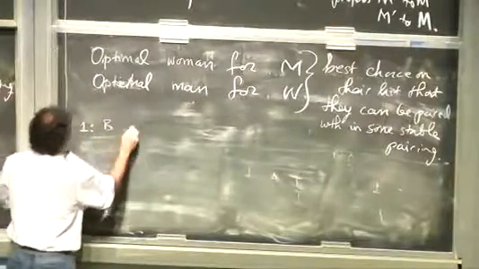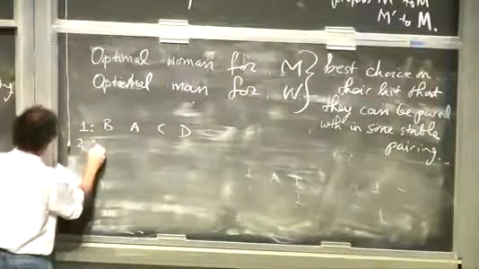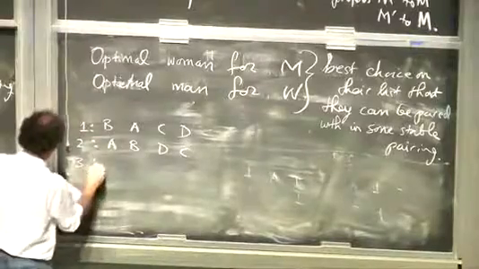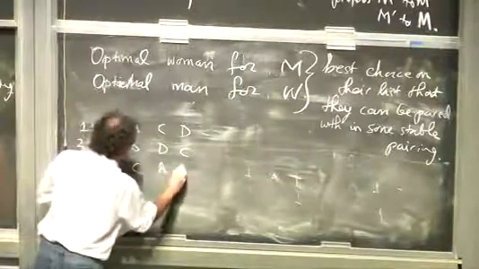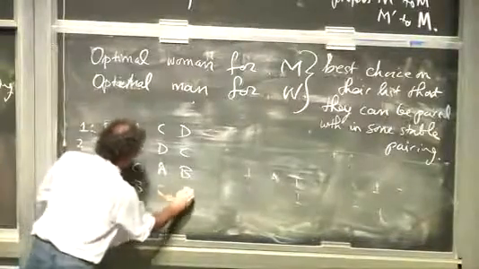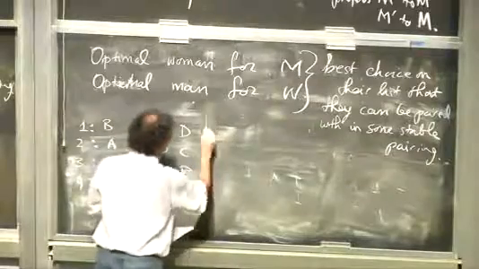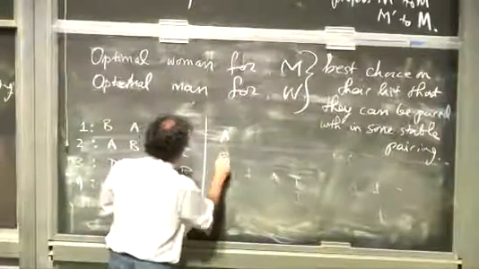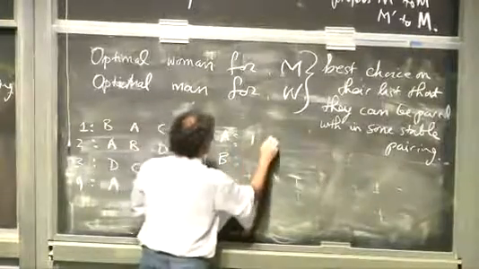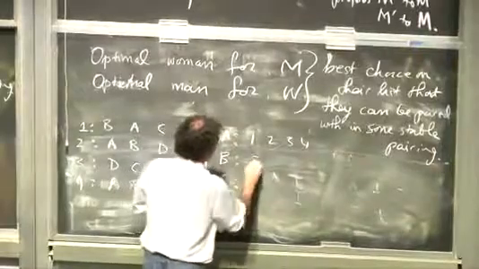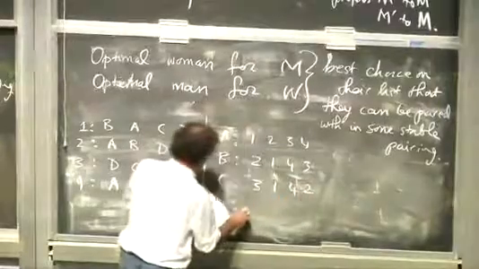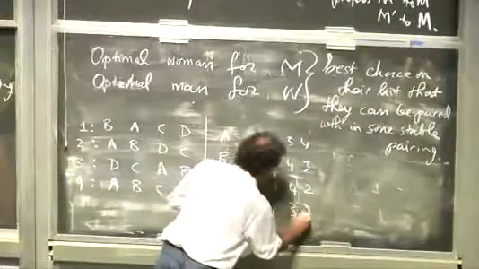You have 1: B, A, C, D; 2: A, B, D, C; 3: D, C, A, B; and 4: A, B, C, D. And then you have A, B, C, D: 1, 2, 3, 4; 2, 1, 4, 3; 3, 1, 4, 2; and 1, 4, 3, 2.